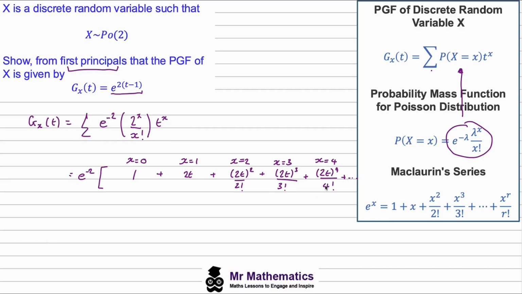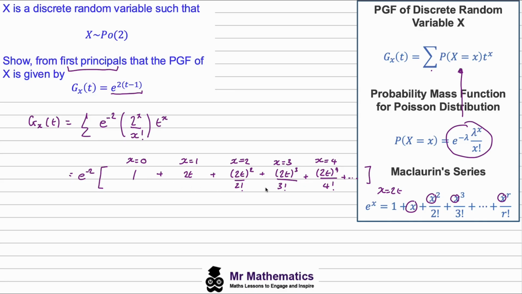But do you see a pattern here if we compare this to the Maclaurin expansion for e to the x? We can let this x equal 2t, and then we'll get exactly the same as we have in our expansion.